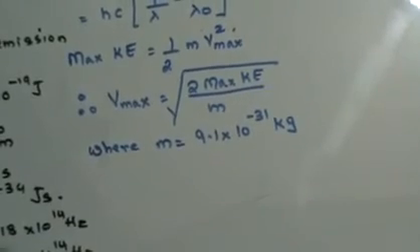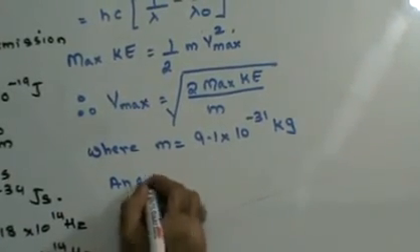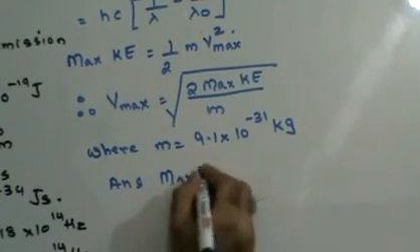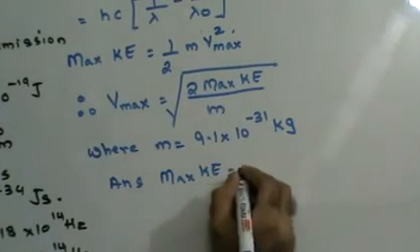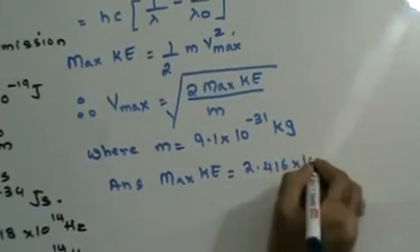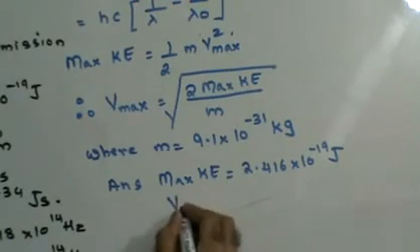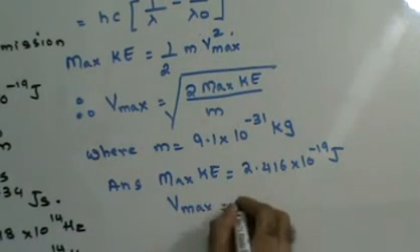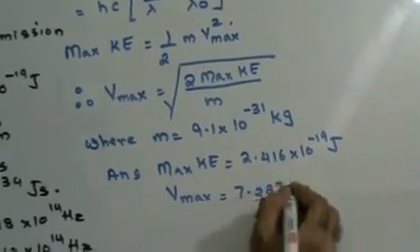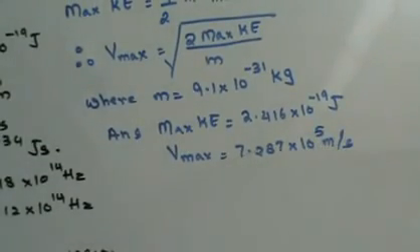The answer for this sum should be: max kinetic energy is 2.416 into 10 raised to minus 19 joules, and Vmax is 7.287 into 10 raised to 5 meters per second. Fine. Next, take on next one please.